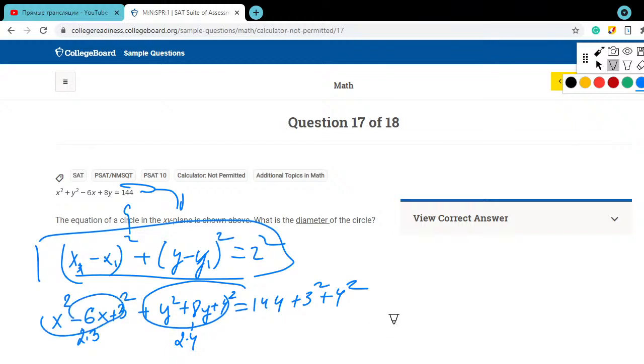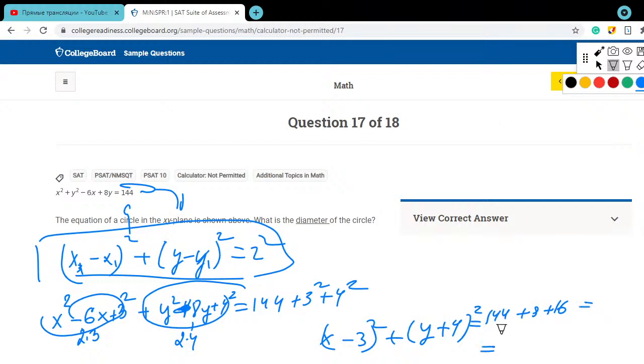So here we get x minus 3 squared plus, oh my gosh, this was plus 8, so it's plus, right? Plus y plus 4 squared equals 144 plus 9 plus 16.